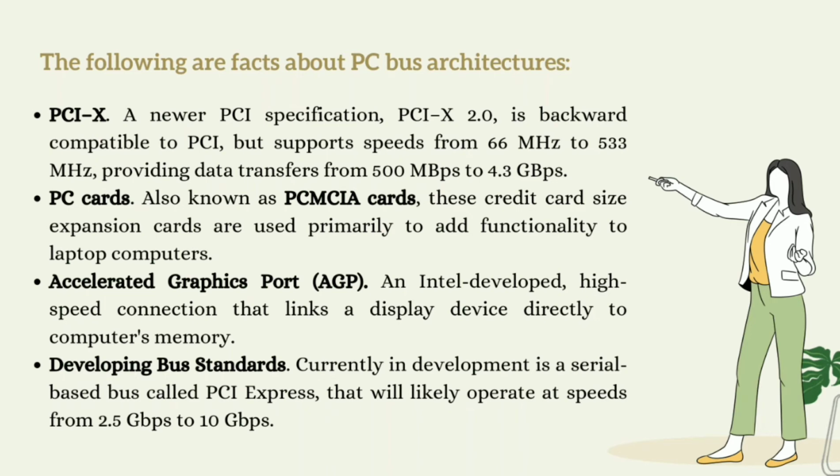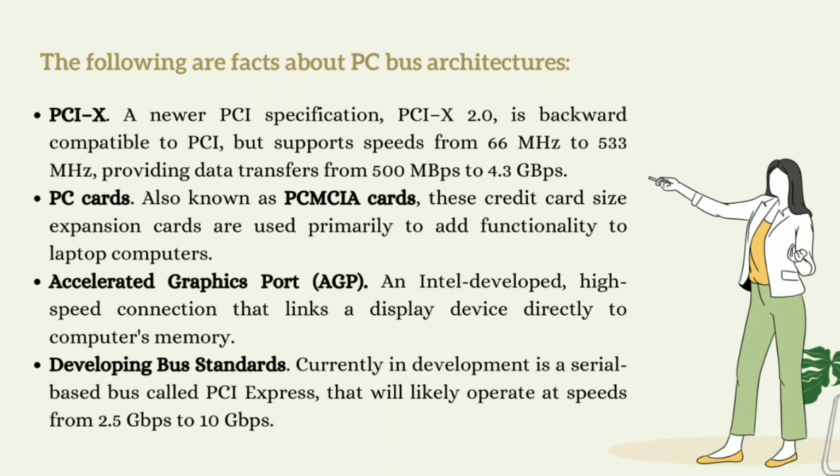Currently in development is a serial bus called PCI Express, formerly named 3GIO, that will likely operate at speeds from 2.5 Gbps to 10 Gbps. Because PCI Express can be set up in lanes, several lanes can be combined to provide tremendous transfer speeds.